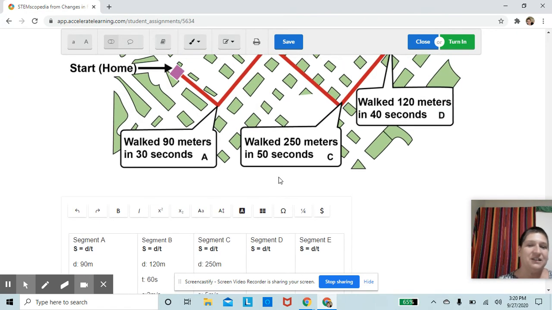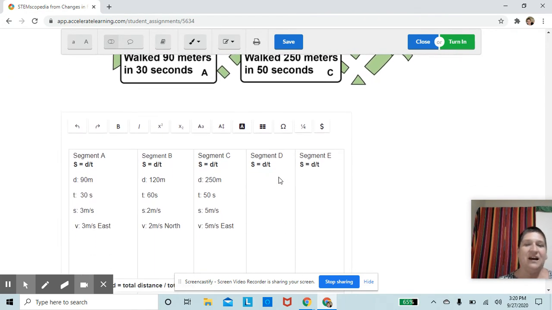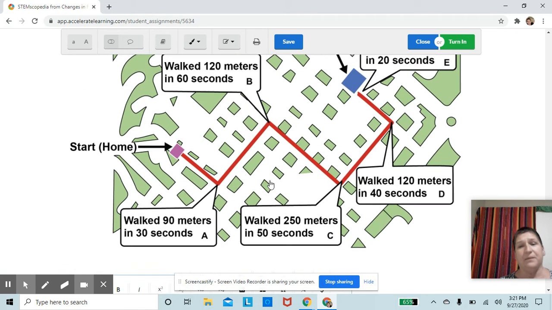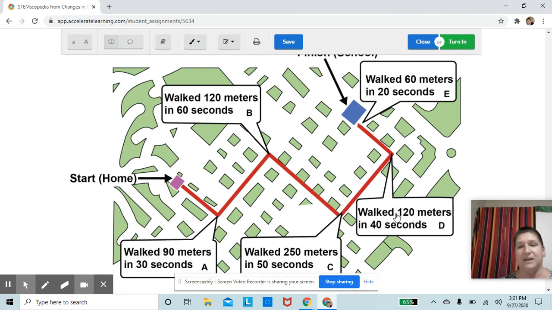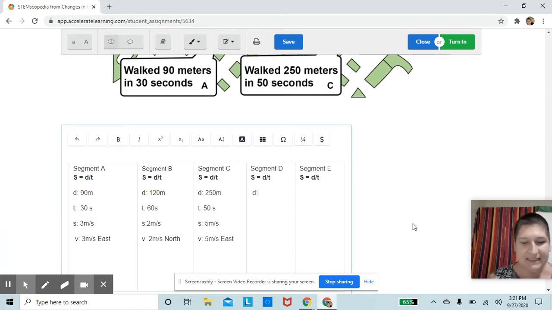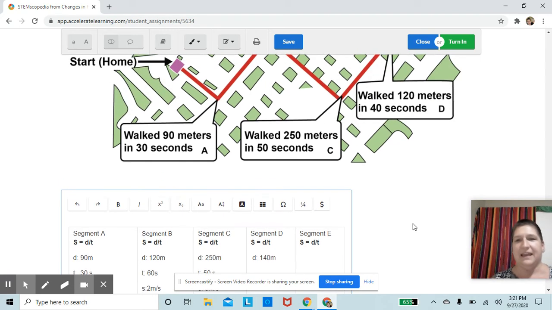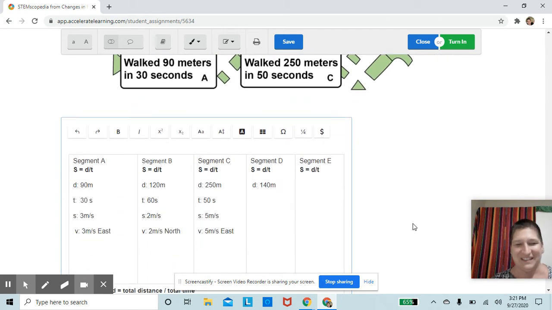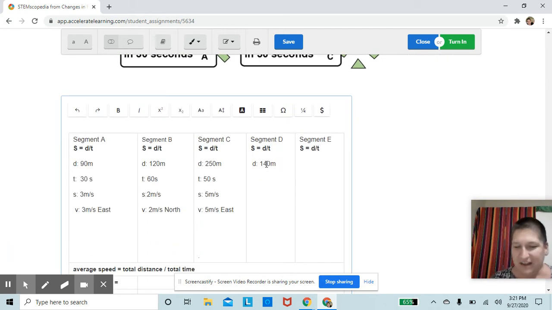Now I'm going to let you guys do segment D and segment E on your own. So you simply click there, and I'm going to look at my next section, 120 meters in 40 seconds. So I'm going to come over here. My distance was 120 meters, and my time was 40 seconds.